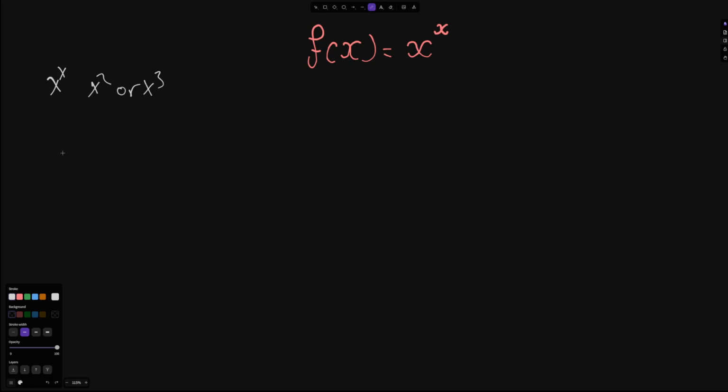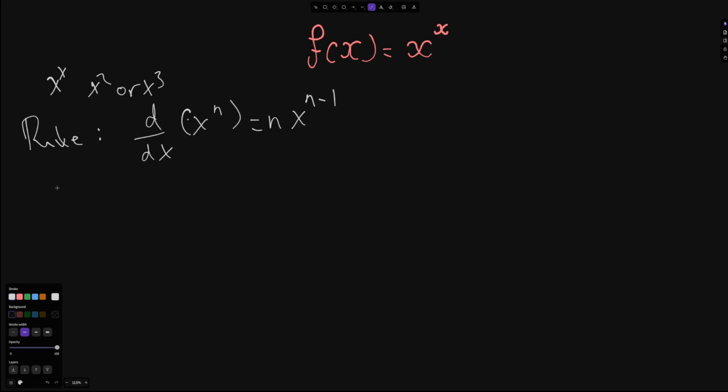The rule says that d by dx of x power n is n times x power n minus 1.